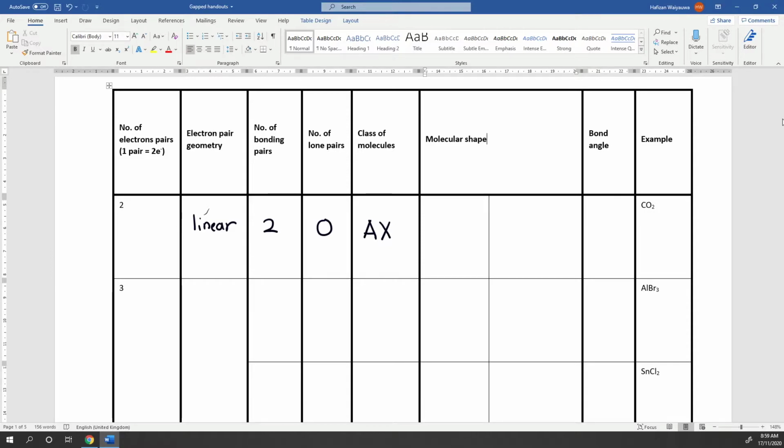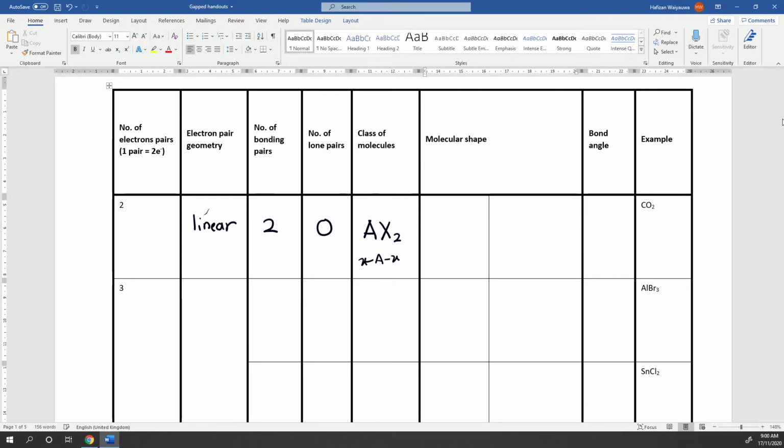So kalau nak contohlah the molecule ada dua bond, so you rasa ada berapa terminal atom? Dua. Sebab dia ada dua bond.